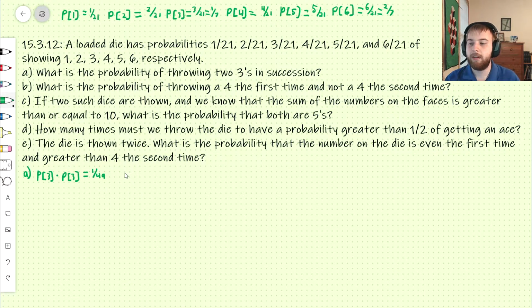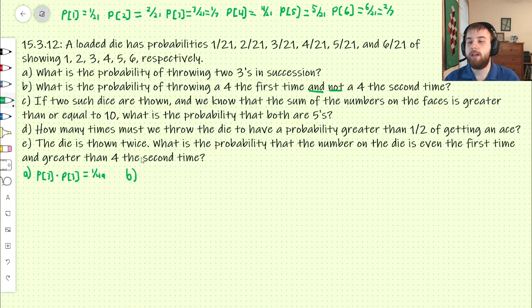So then we're going to go on to part B. Not so bad. What is the probability of throwing a 4 the first time and not a 4 the second time? So we have an and here. This means that, once again, we are going to be multiplying two things together. When you have a not in probability, that means you're taking 1 minus the probability of whatever comes after that.